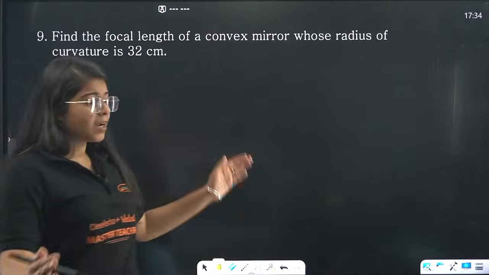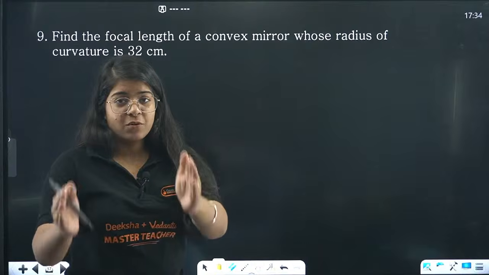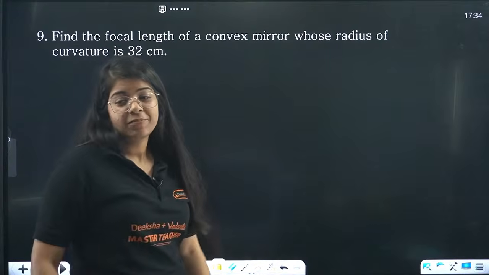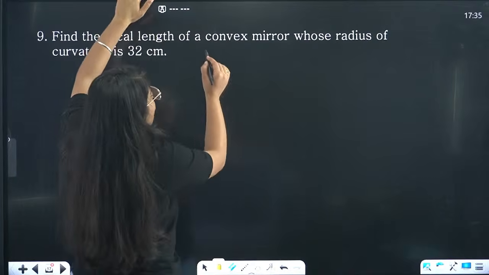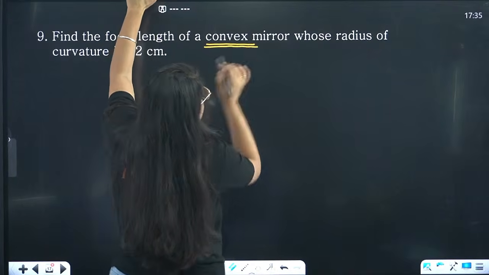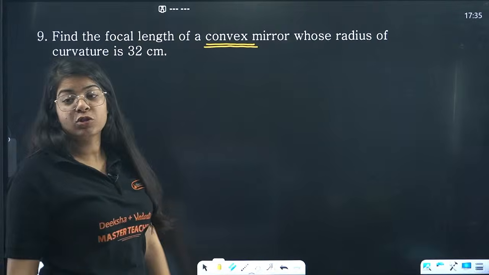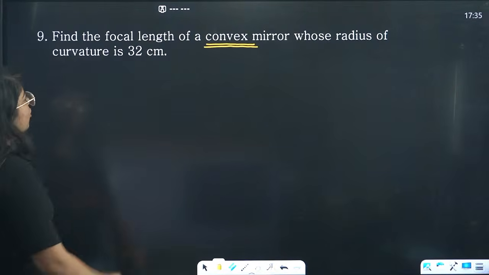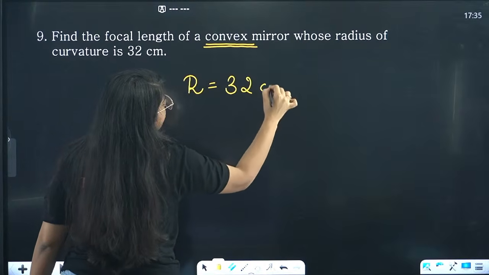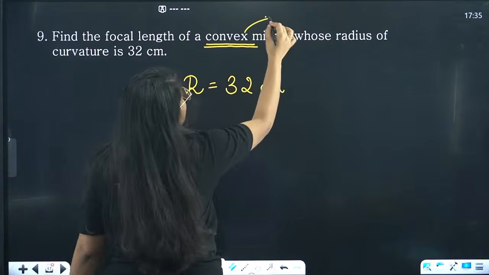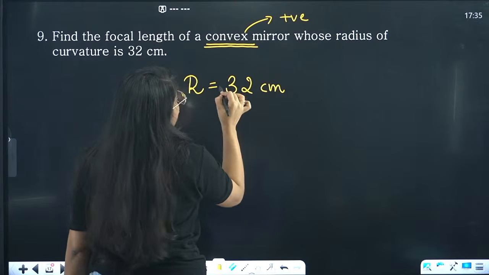Okay, focus back on the board. Everyone, focus back on the board. Okay, now this question is very important because we have to assign the sign to this focal length, to this radius of curvature. So let's just get it over with. Radius of curvature is what? 32 centimeters, and convex means positive focal length, so it is positive.